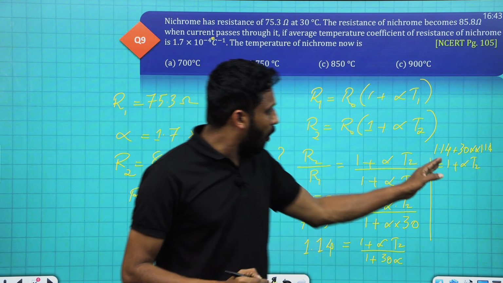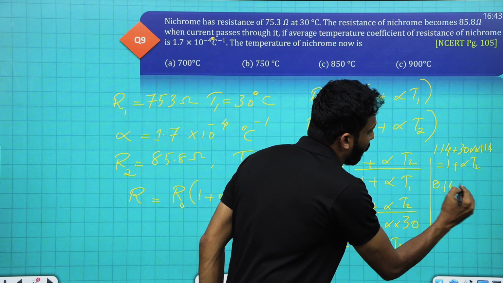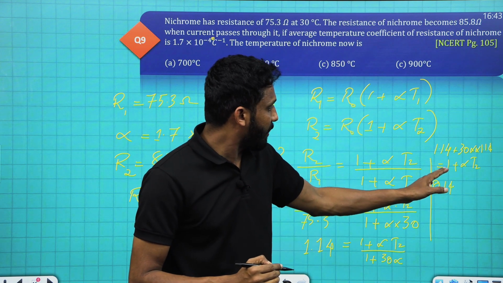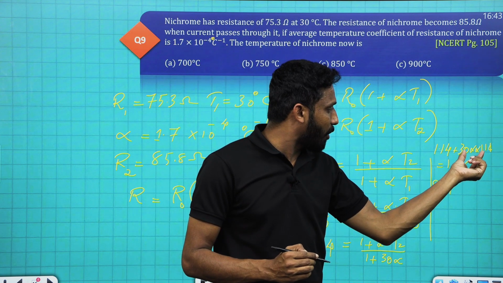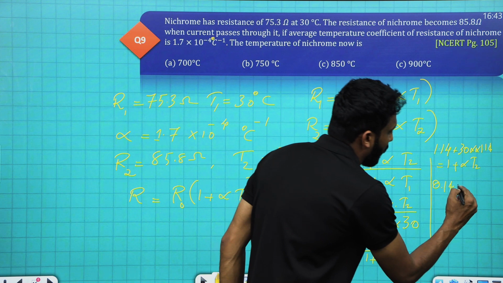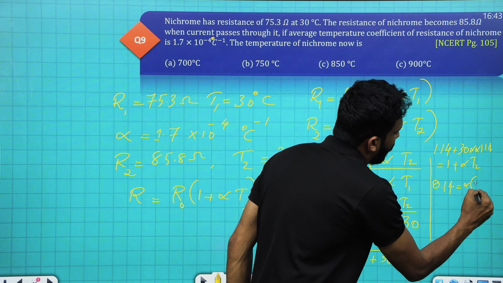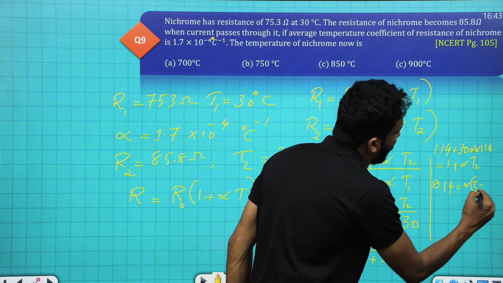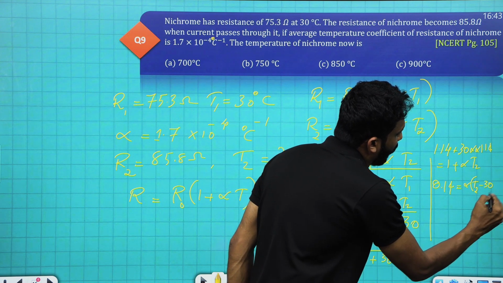Then one term goes to this side and we get 0.14. And the 30 alpha into 1.14 goes to the other side. Alpha is common, so in the bracket we get T2 minus 30 into 1.14.